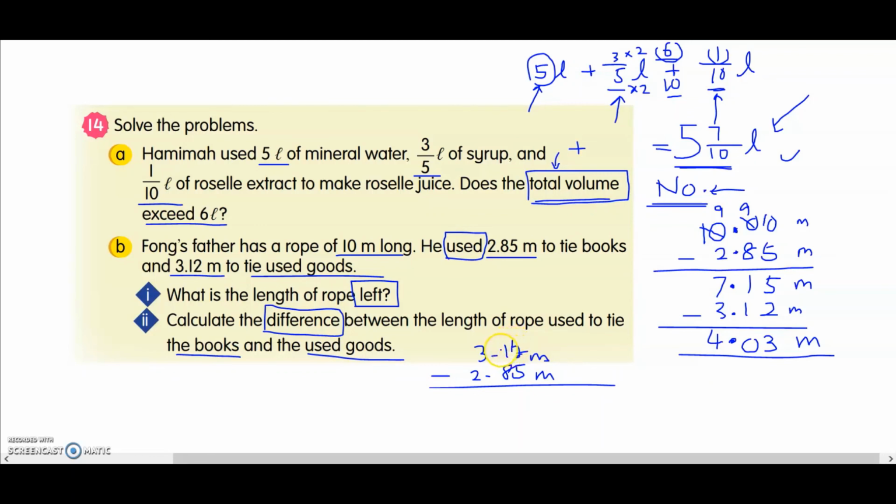So this is plus 10, this one minus 1. 12 minus 5 is 7. Again, not enough. Plus 10 minus 1. 10 minus 8 is 2. 2 minus 2 is 0. So you get 0.27 meters.